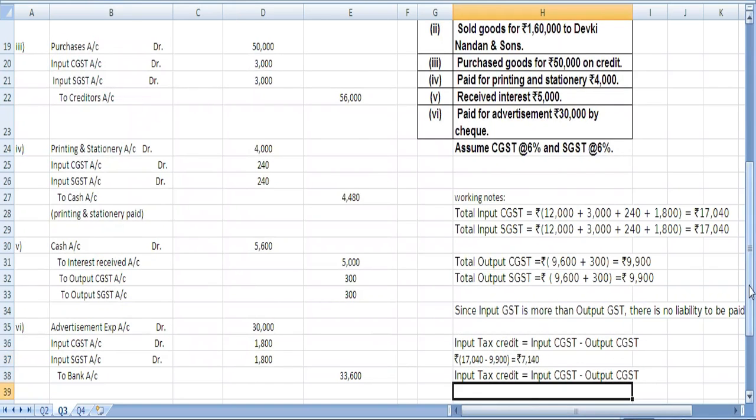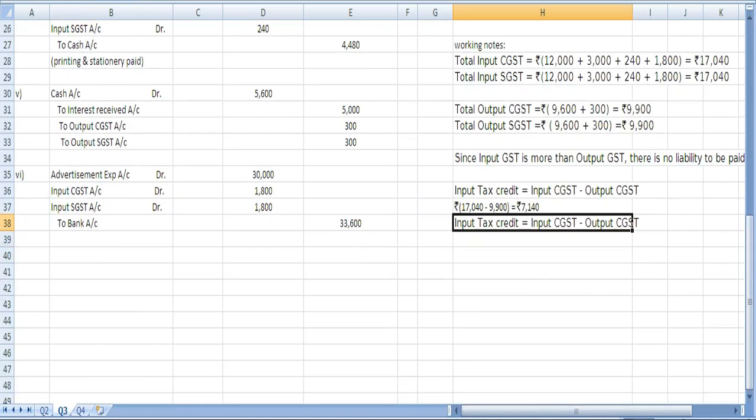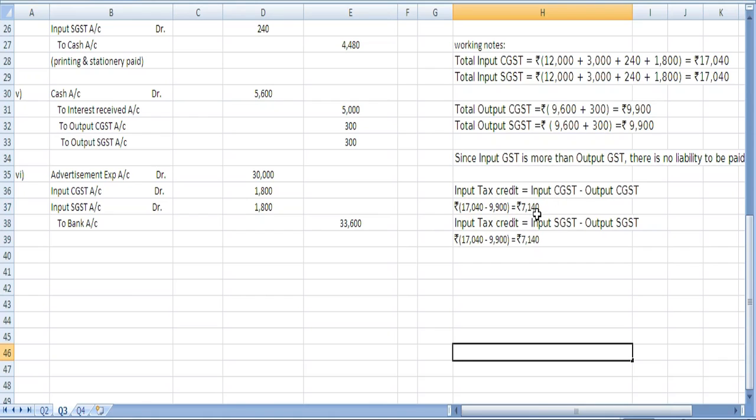Then here we will do this as input SGST and output SGST. So the amount will be the same. We can copy and paste over here. Now here the answers are coming different, 7140 and 7140. If you skip this last one, you will get the answer according to your book. So if you leave this last transaction, you're going to get the answer according to your book.